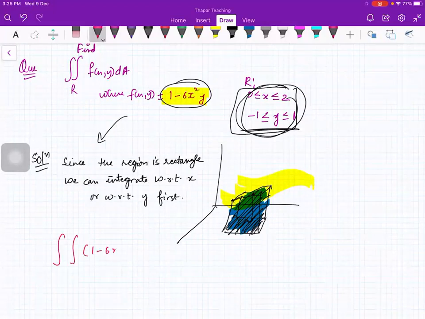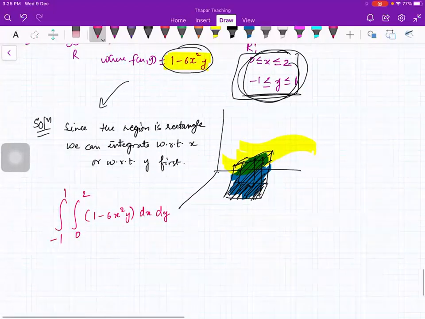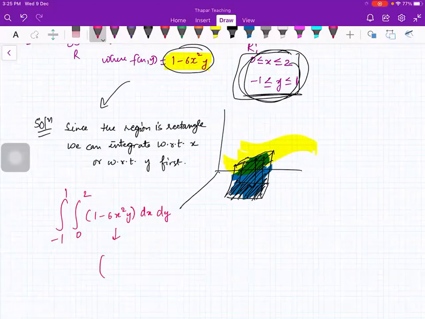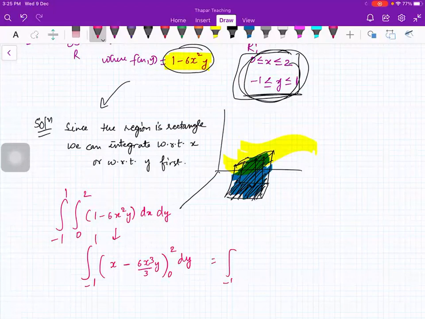So this is 1 minus 6x squared y. I'll first integrate with respect to x and then with respect to y. So x limits are 0 to 2 and y limits are from -1 to 1. Now you integrate with respect to x, treat y as a constant. So it is x minus 6x cubed by 3 times y, from 0 to 2, dy, from -1 to 1.